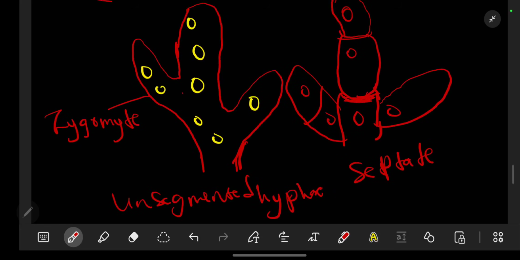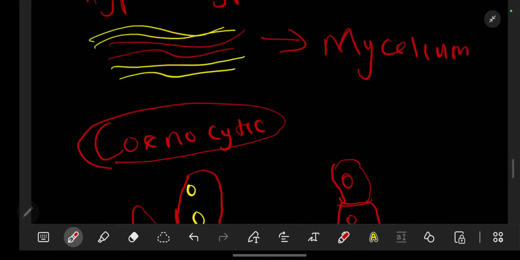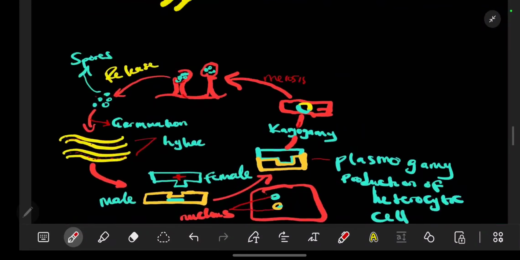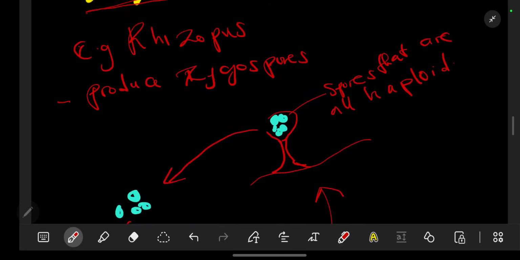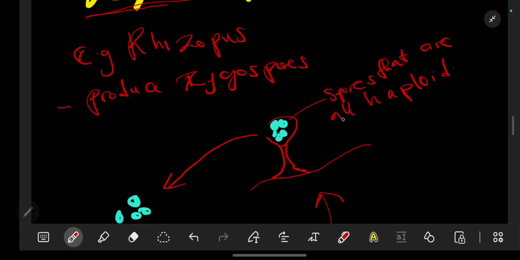Now, with those characteristics discussed, we are going to look at reproduction. Under asexual reproduction, the first thing that takes place is that the spores on Rhizopus are haploid, meaning they contain half the number of chromosomes.